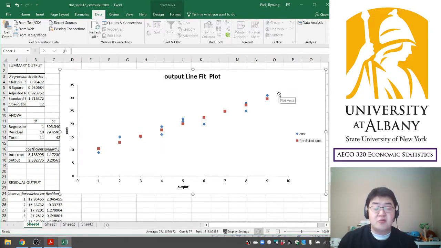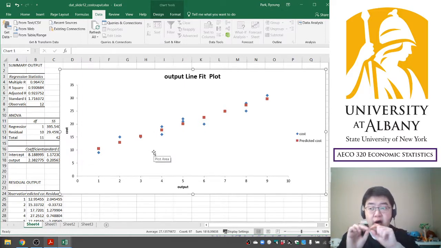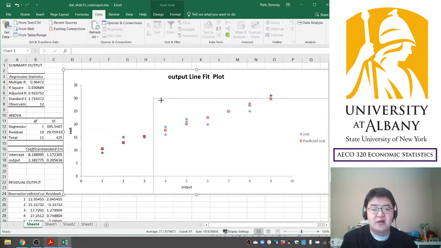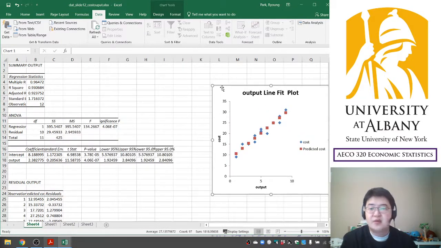So the linear regression can be understood as drawing a trend line that fits those observations the best. So we are finding the best fitting line going through those observations. I'm going to explain how we can find the best line fit, or how we calculate that. But for a while, I'll just assume that it's given.